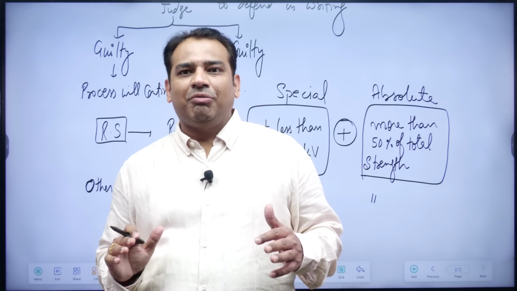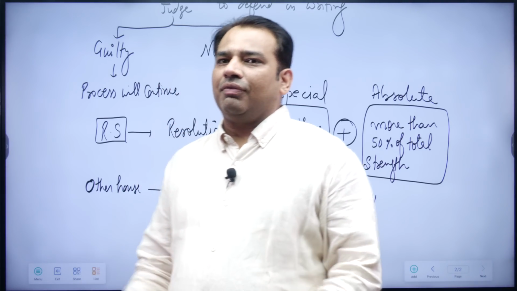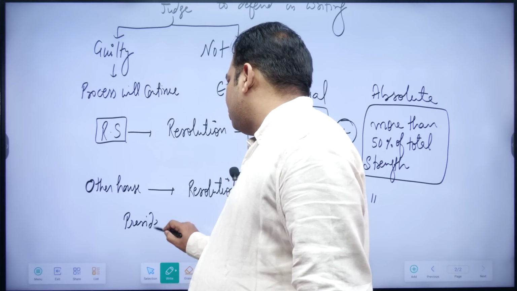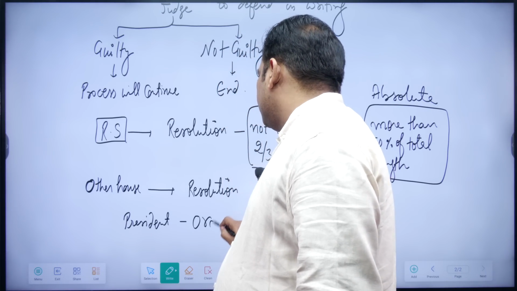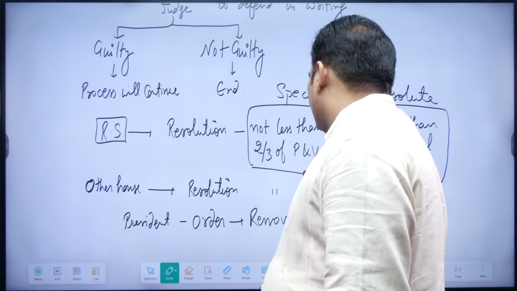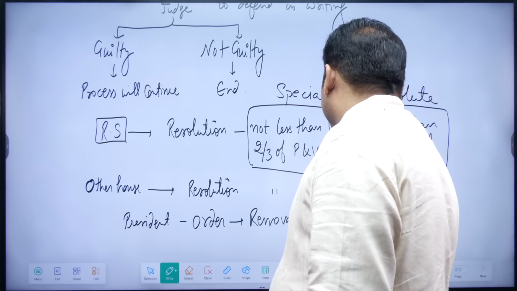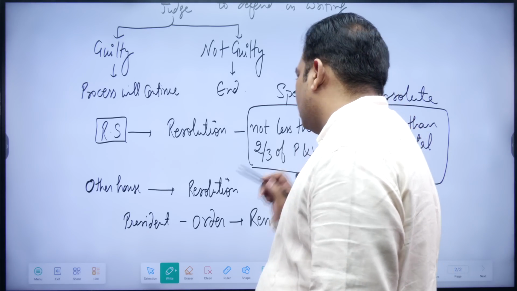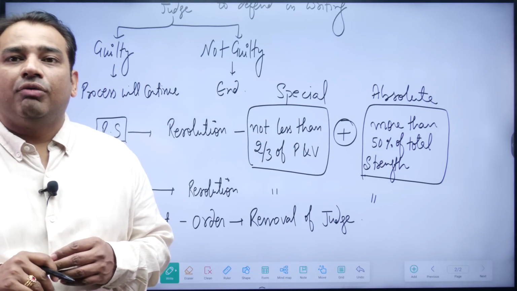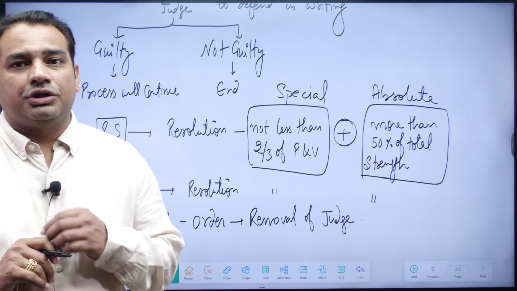So, both the houses have passed the resolution and thereafter the matter goes to the President and the President's order will be issued about removal of the judge. That is how this process works in the context of our country for removal of judges.